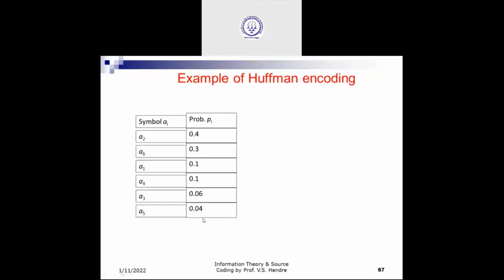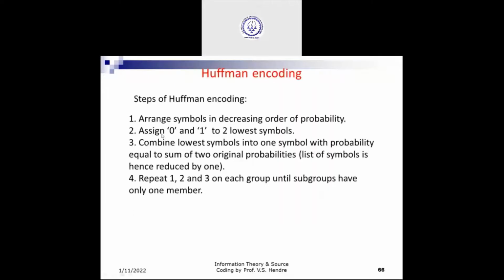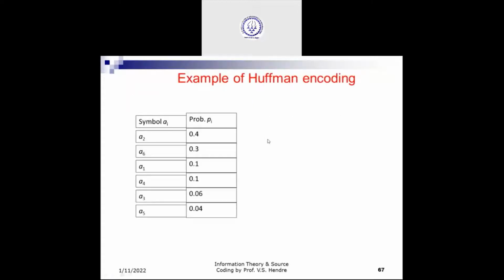Step number 2, assign 0 and 1 to the two lowest symbols. So now I need to focus on the two lowest symbols, that is 0.06 and 0.04. To these two lowest symbols, I have to assign binary 0 to the upper symbol and binary 1 to the lower symbol.